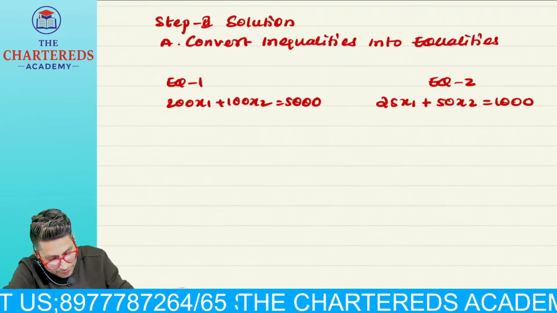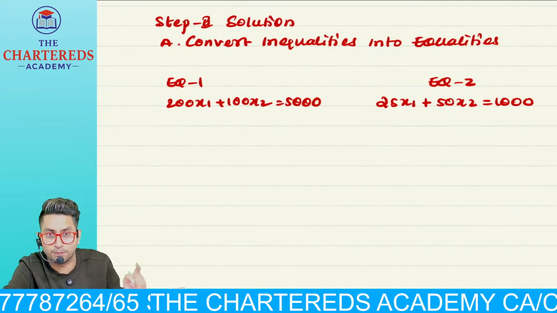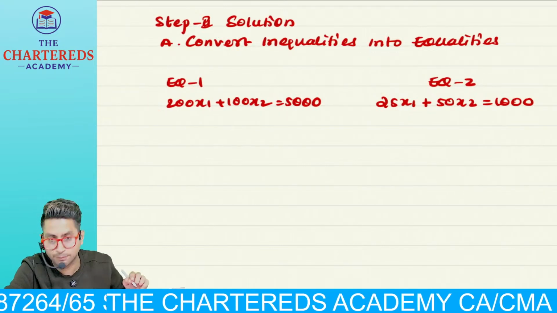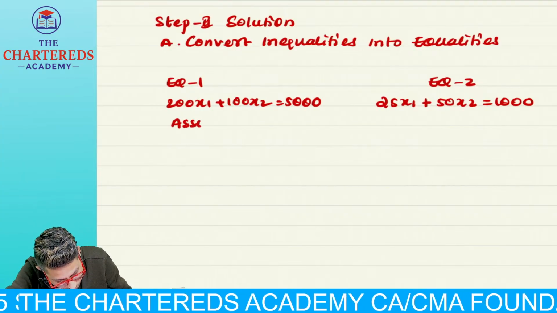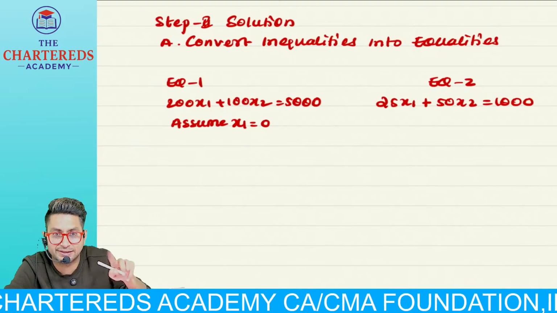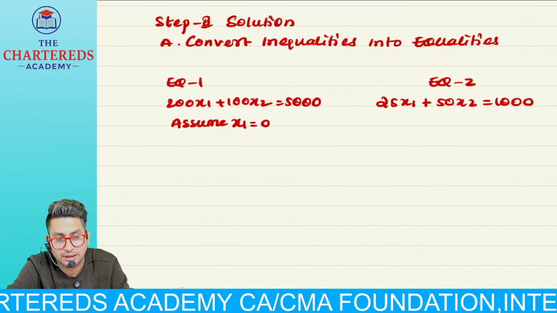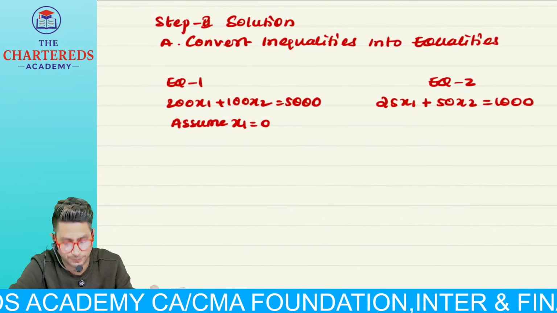Now I have to plot these points on a graph, but to plot on a graph, we need to calculate points. First I will assume x1 to be 0 and calculate the value of x2, and then assume x2 to be 0 and find the value of x1.